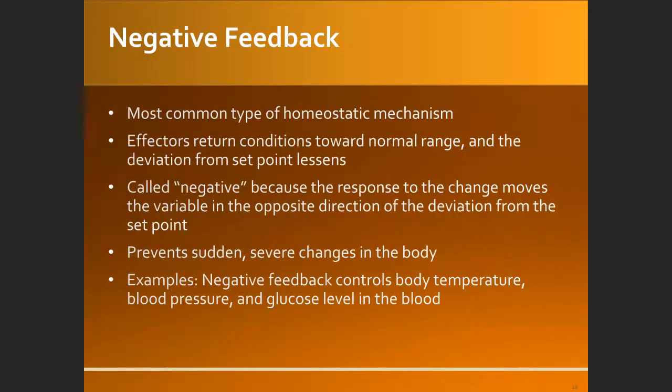Okay, and again, the most important loop that we use in homeostasis is called the negative feedback loop. About 90% of our homeostasis uses these negative feedback loops. It is called negative because the response opposes, or changes, the stimulus in the opposite direction.